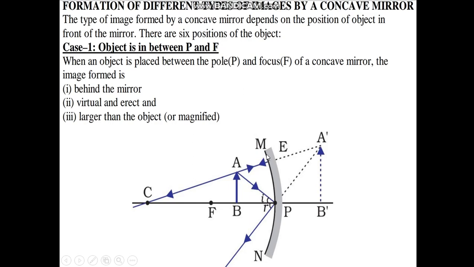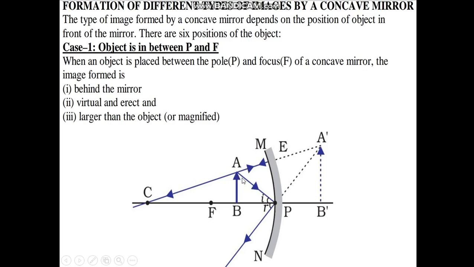So here see, this is the concave mirror and this is the object. Object is in between pole and focus. So first, from this point, an incident ray is passing through the center of curvature. So when it is passing through the center of curvature, it will reflect in the same path.